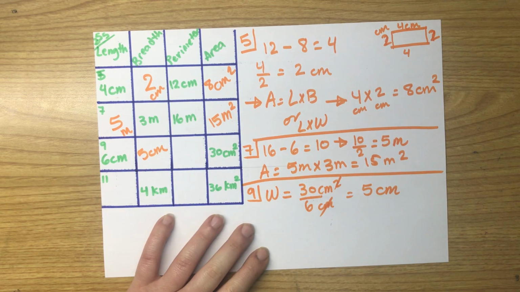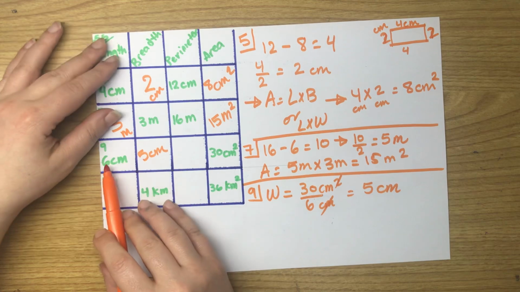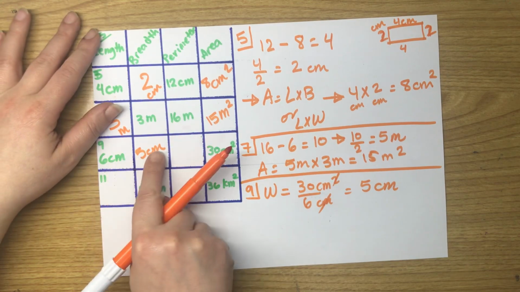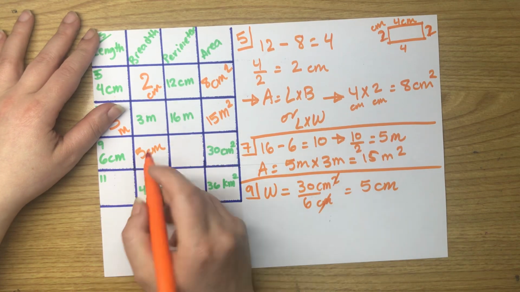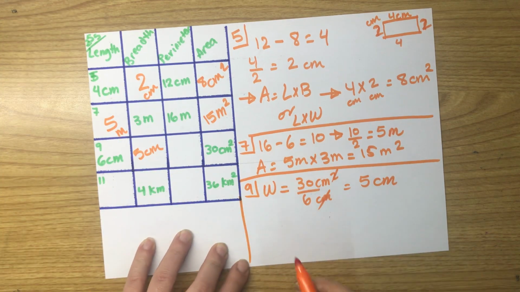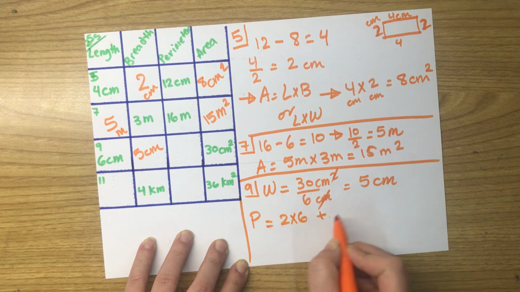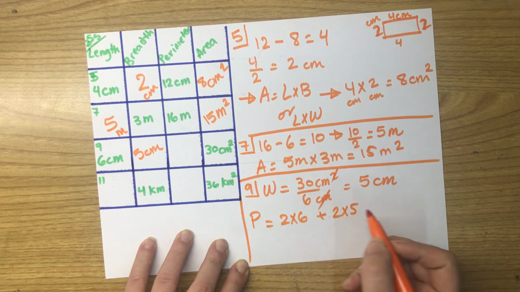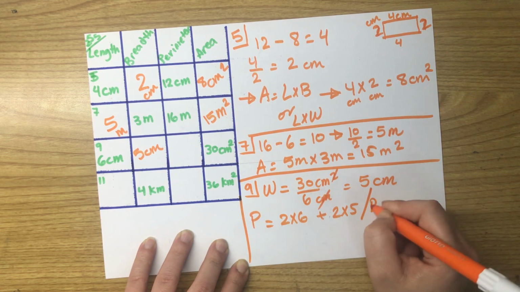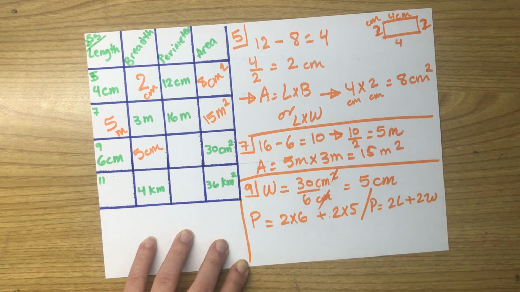Then how much is the perimeter? The perimeter is going to be double the length plus double the breadth. So double the breadth is 10. So the perimeter is going to be 2 times 6 plus 2 times 5. Because the formula is perimeter equals 2L plus 2W.